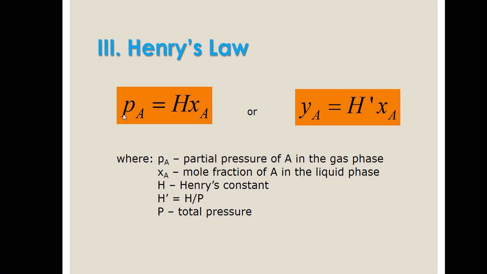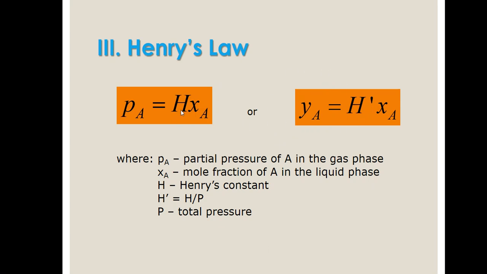Now, if the equation that we have here is divided by the total pressure of the system, the resulting equation would look something like this. The partial pressure divided by the total pressure of our system now represents the mole fraction of A in the gas phase.